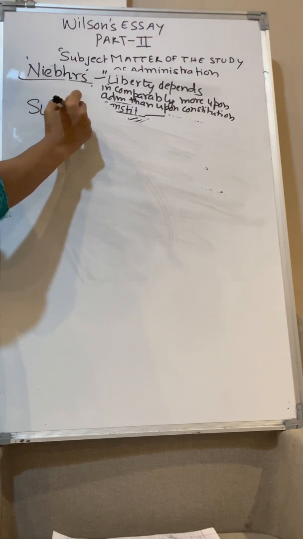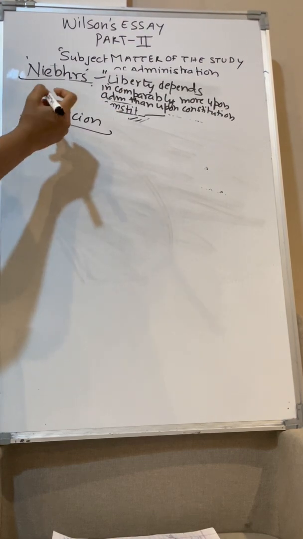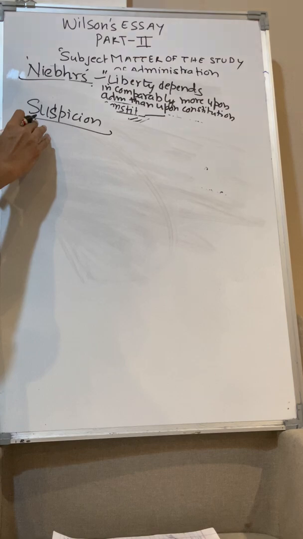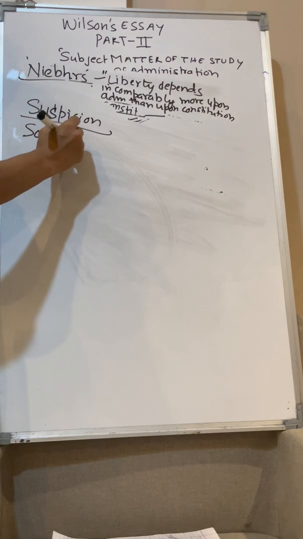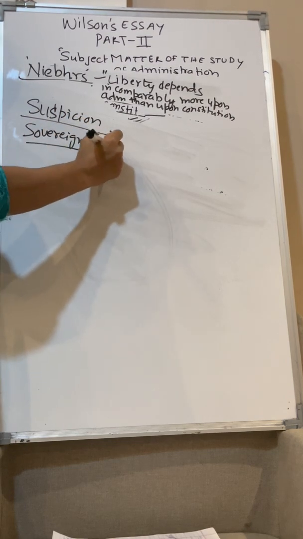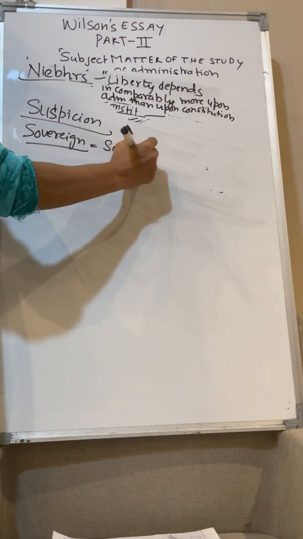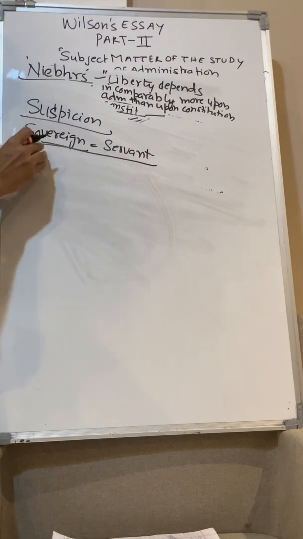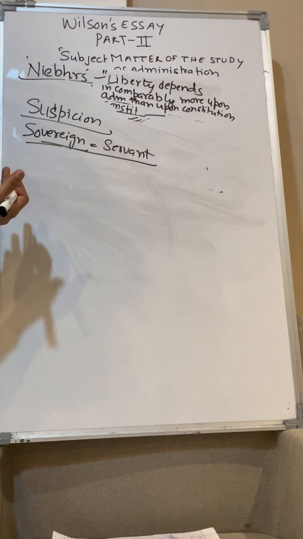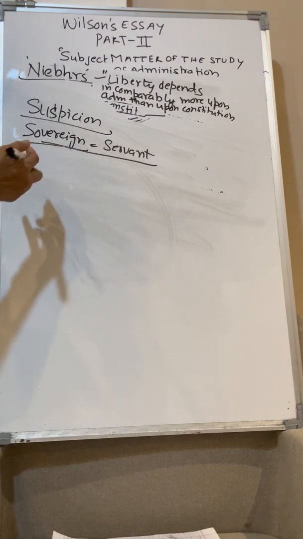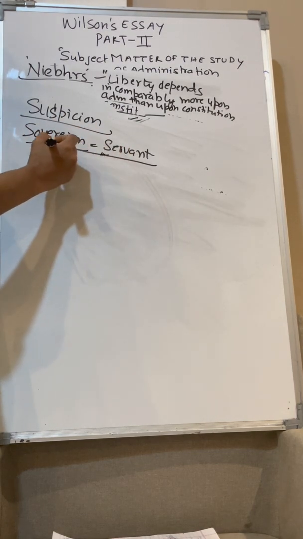A person who is always the ruler or the sovereign is always suspicious about his servant, and this is a very basic knowledge. It happens with us also.